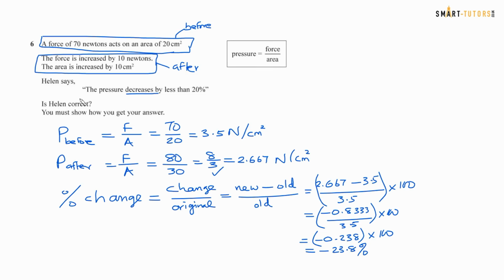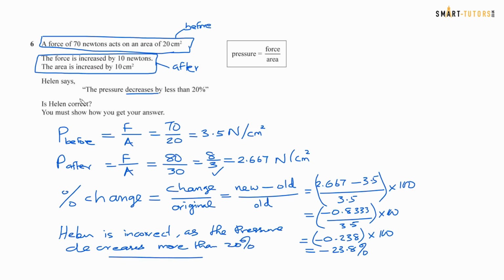So Helen says the pressure decreases by less than 20 percent. Yes, she's right that it decreases, but not by less than 20, it's more than 20. So you have to say Helen is incorrect as the pressure decreases by more than 20 percent.